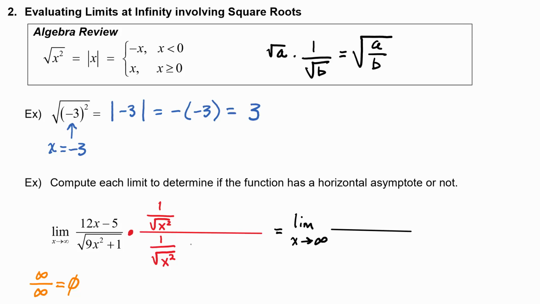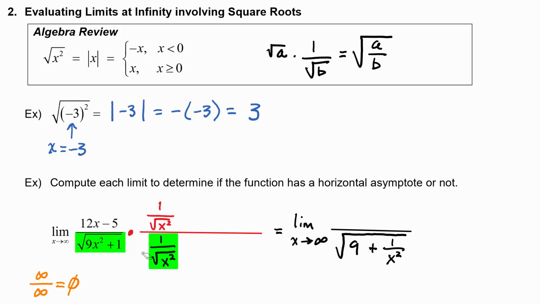And we can apply that in this denominator here because we have the square root of 9x squared plus 1 over the square root of x squared, so we can write that as a single square root and distribute 1 over x squared times 9x squared is going to be 9. 1 over x squared times 1 is 1 over x squared.